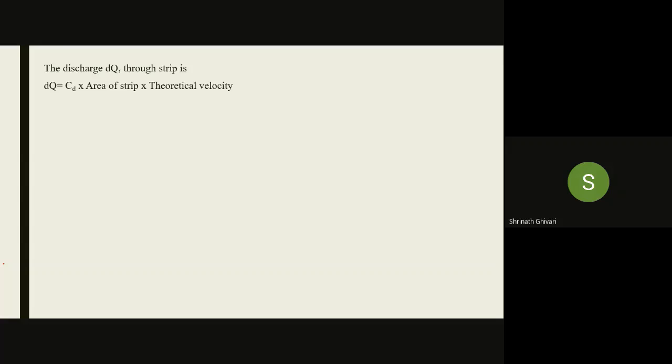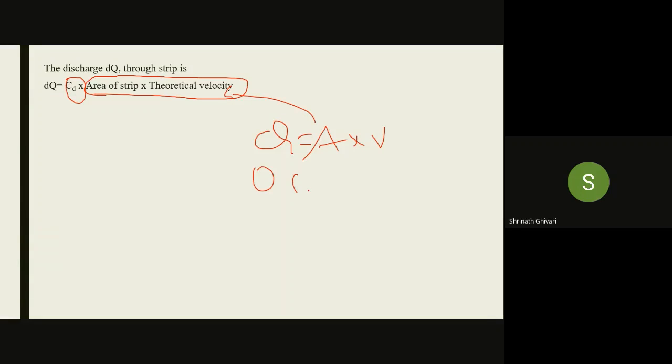So dq is given by CD into area of the strip into theoretical velocity. We know Q is area into velocity. We want an actual discharge, that's why CD into area of strip into theoretical velocity is taken. CD is equal to Q actual by Q theoretical.